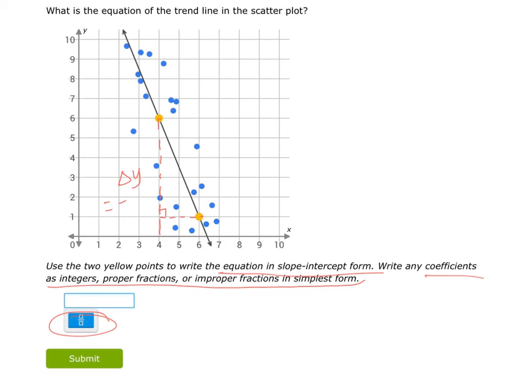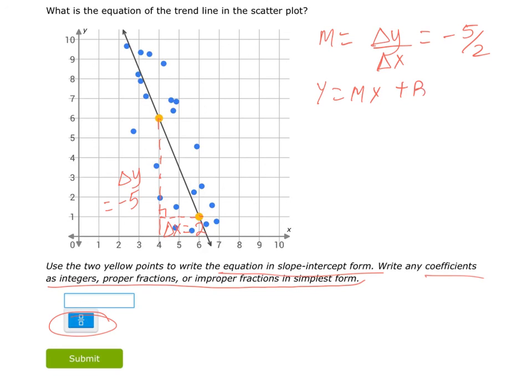So it's a drop of 1, 2, 3, 4, 5, negative 5. Delta x is an increase of 2. So if I put in the slope and all the values I just found out, I'll get negative 5 divided by 2.